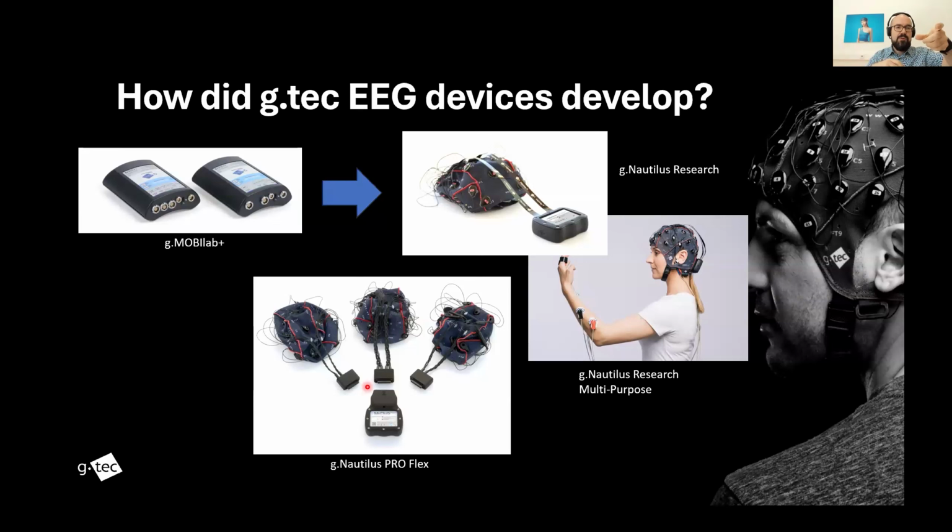You can just measure the person, then remove the amplifier from the cap, connect it to the next cap, and record the second person. So it's widely used for users that want to measure a lot of people in the same day, but also users that want to try different montages, try different kinds of electrodes, etc.